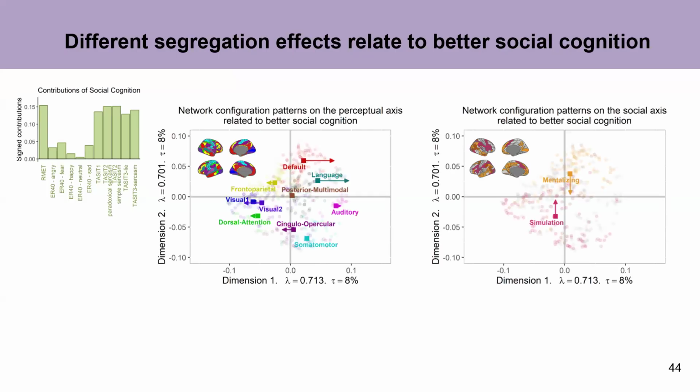And it's related to this pattern that I'm showing in this component space. So we found that overall better social cognitive performance is related to increased network segregation. So they're moving away from each other along the perceptual axis, but there is more integration between the two social processing networks on the social axis.